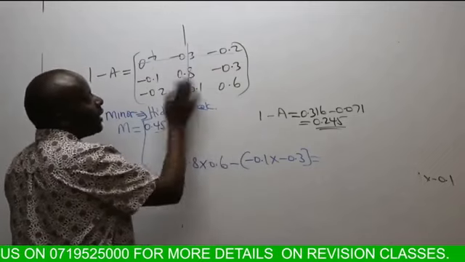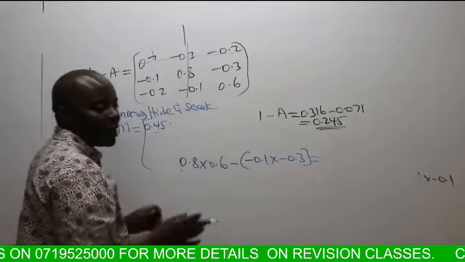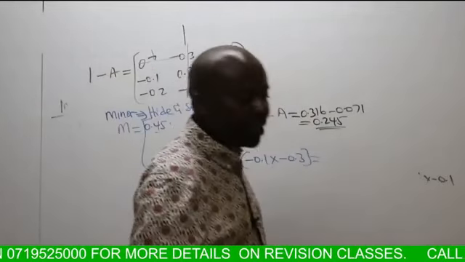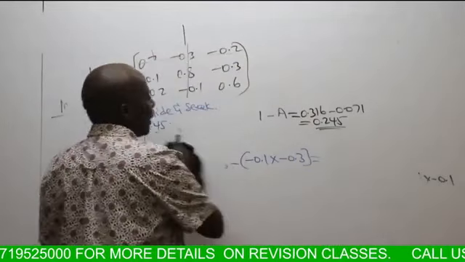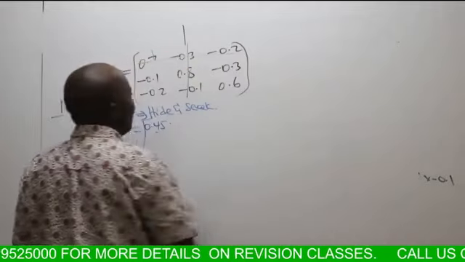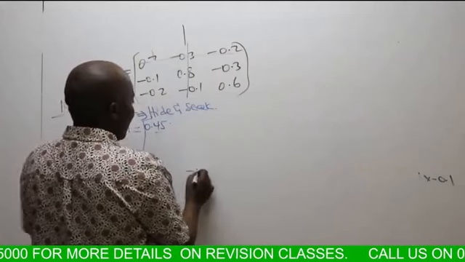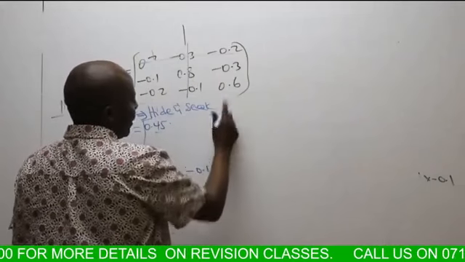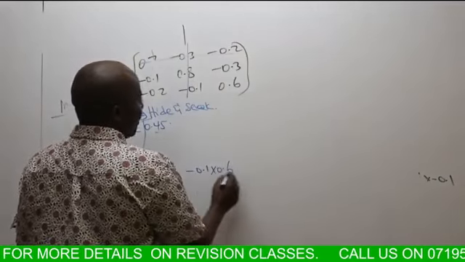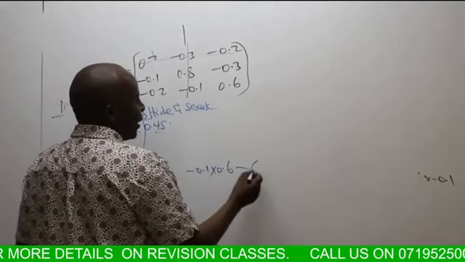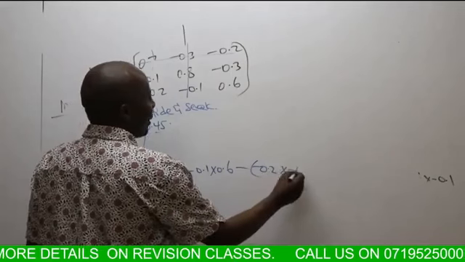These 4 figures are the ones I'll use to get the minor of the hidden figure. Here we have minus 0.1 times 0.6 minus, bracket always, if you forget brackets you'll not get it right, minus 0.2 times minus 0.3.